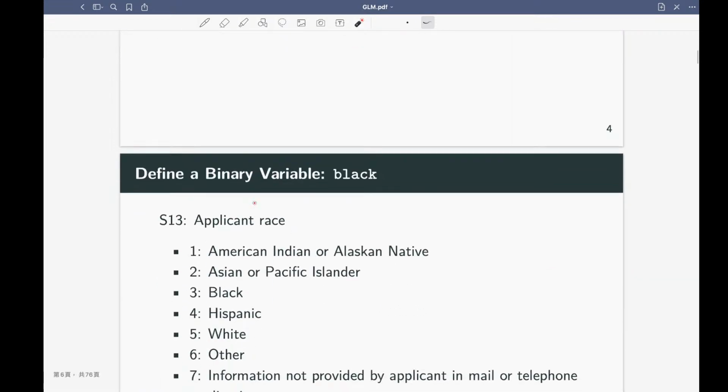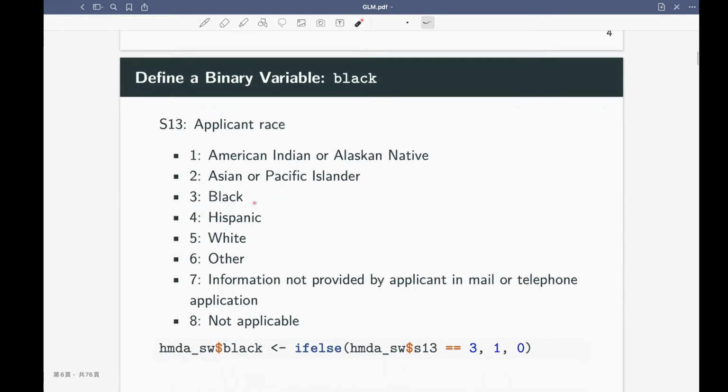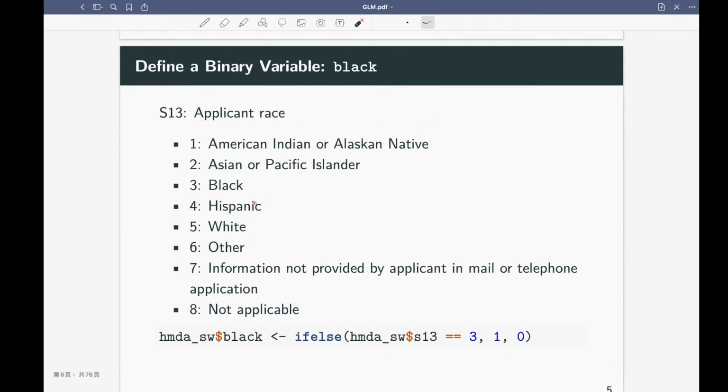Next, we define a binary variable, black. We focus on the variable S13. S13 is the race variable, and we focus on the value 3.